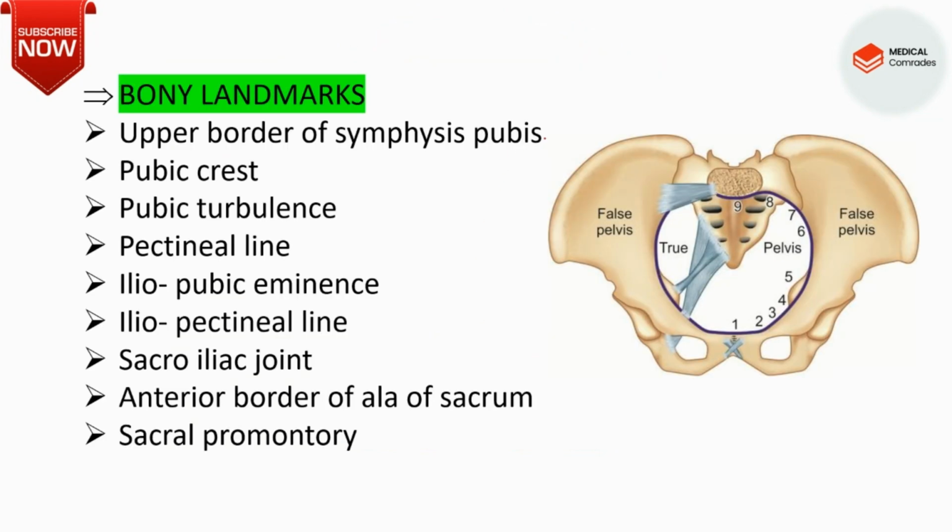Here: upper border of symphysis pubis, pubic crest, pubic tubercle, pectineal line, iliopubic eminence, iliopectineal line, sacroiliac joint, anterior border of sacrum, and sacral promontory.